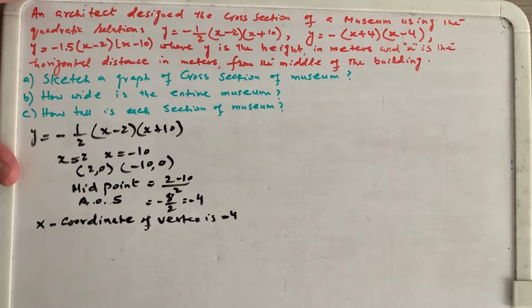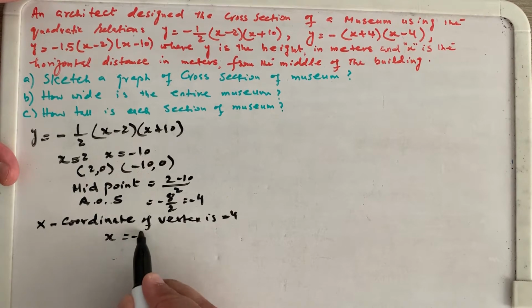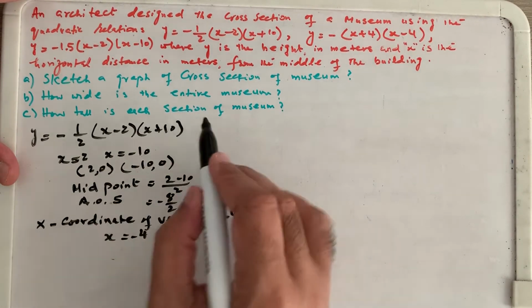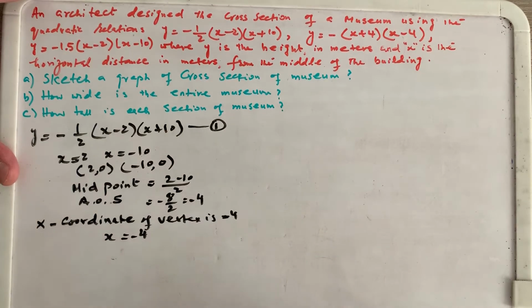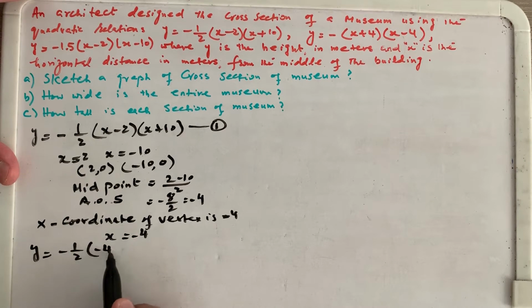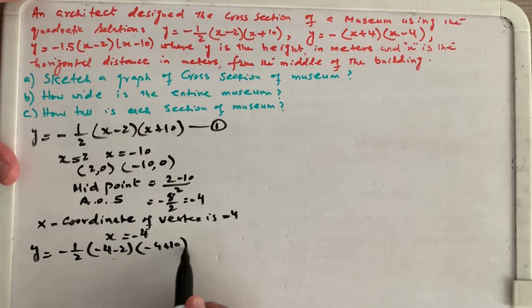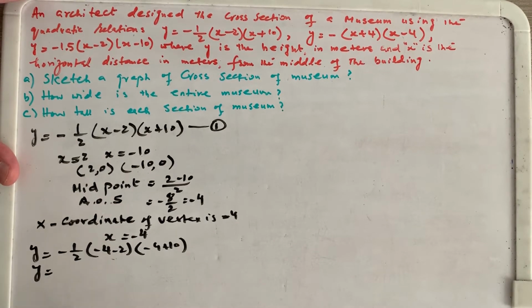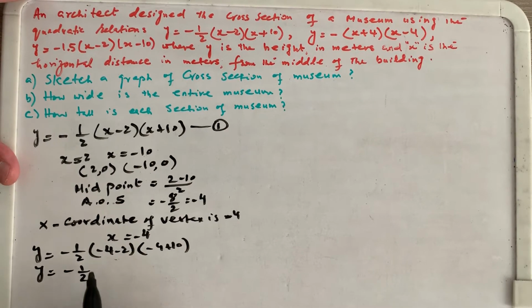How can we find it? Substituting x equals minus 4 into the equation, we can get the y coordinate. So we substitute back: minus half times (minus 4 minus 2) times (minus 4 plus 10). That will come out as minus half times minus 6 times 6.